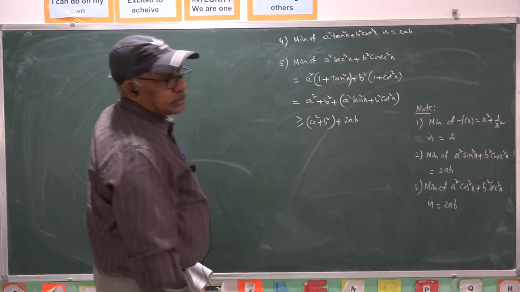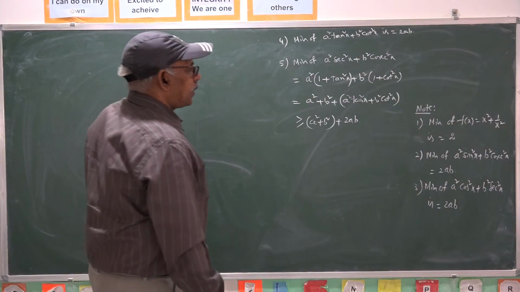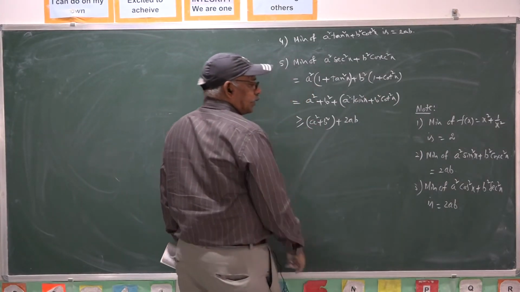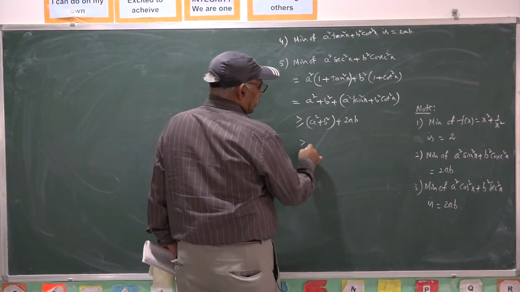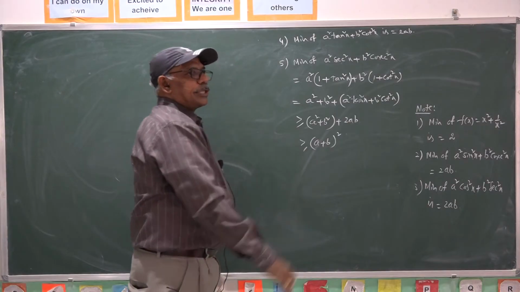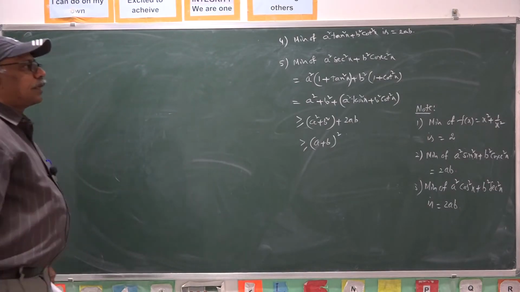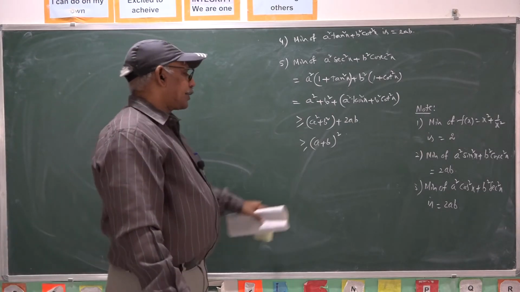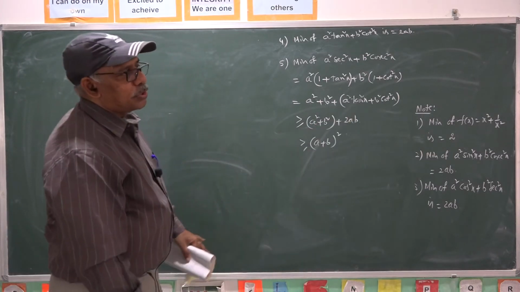The arithmetic mean is greater than or equal to geometric mean is applicable here, since the AM of this one is greater than or equal to their geometric mean. So based on this, it is a plus b whole square. You can use it as a formula. So the minimum value of a square secant square x plus b square cosec square x is a plus b whole square.